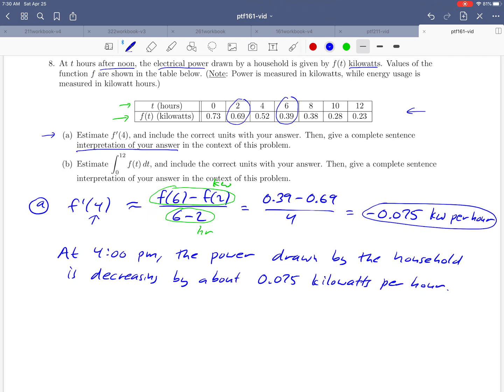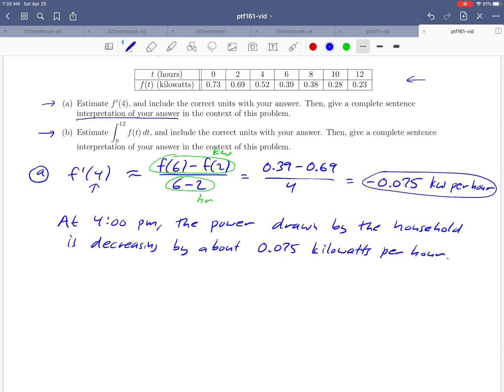All right, and I think we've answered what they wanted us to answer in part A, so let's move on to part B. And part B asks us to estimate the value of an integral, the integral from 0 to 12 of f of t. Graphically, an integral is about estimating area.